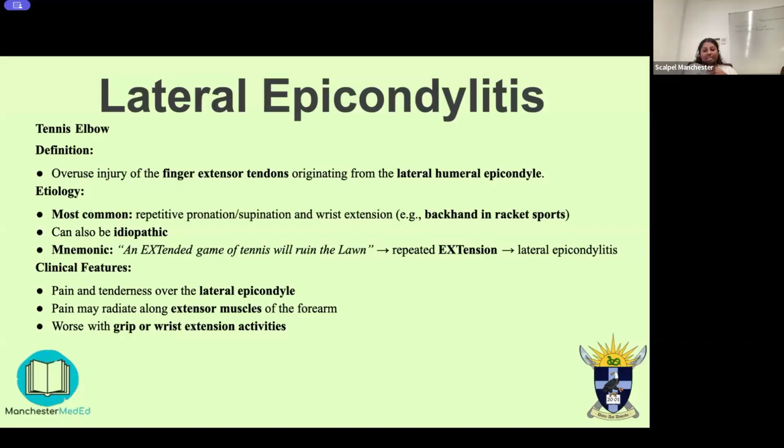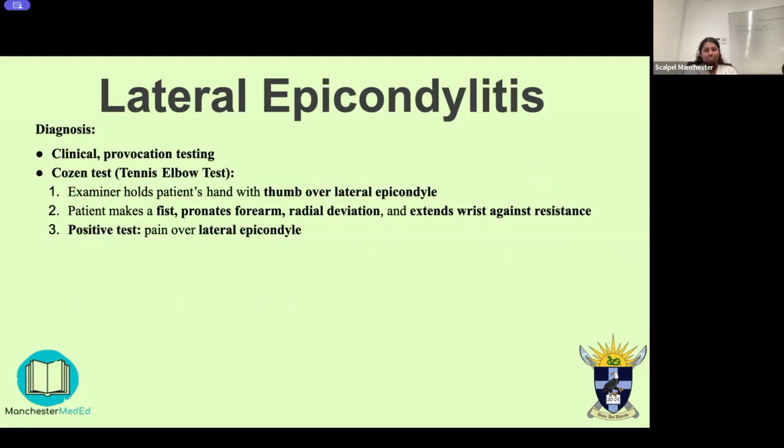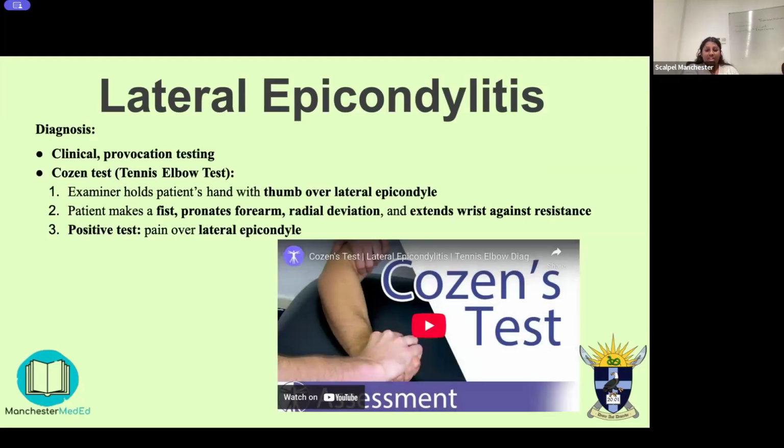The way this presents is pain at the lateral epicondyle of the elbow, and the pain may also radiate to the extensors of the forearm. There's a video that I will show you on how you can assess the pain around the lateral epicondyle. One of the biggest tests would be Cozen's test.